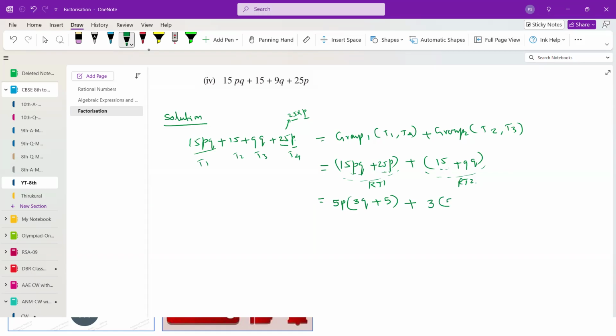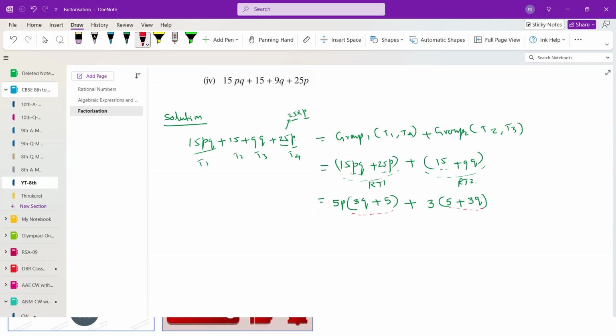So 3 into 5 is 15, and when you take out 3 the balance is 5. Plus, 3 into 3 makes 9, so 3 and q. Now you can see very clearly 3q plus 5, and in the reverse direction also 3q and 5. So these are the common factor.